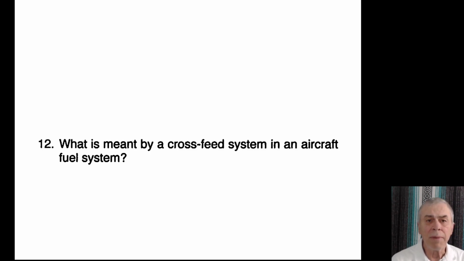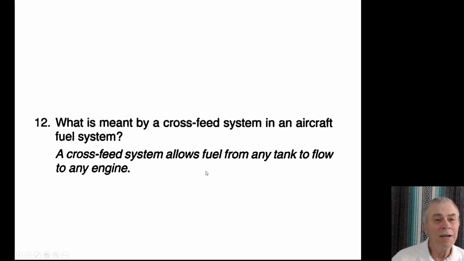And what is meant by a cross-feed system in an aircraft fuel system? It's a means where the pilots have some control over drawing fuel from one tank or the other, depending on their present flight condition. A cross-feed system allows fuel from any tank to flow to any engine.